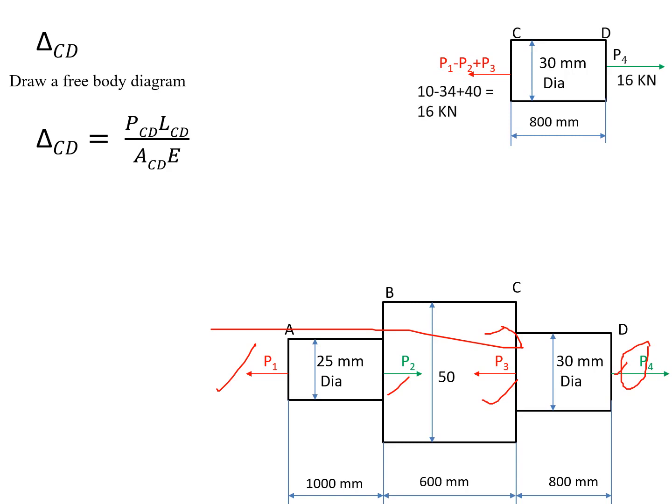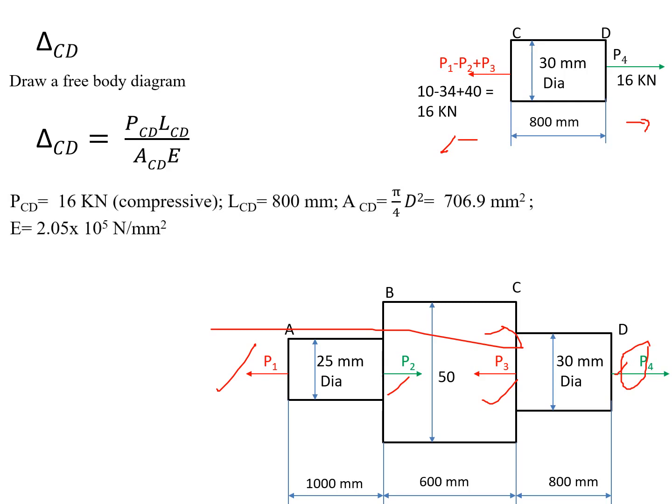So the net force acting on the CD section is 16 kilonewtons and the nature is tensile. So P of CD equals 16 kilonewton, tensile. And the length of the CD section is 800 mm.